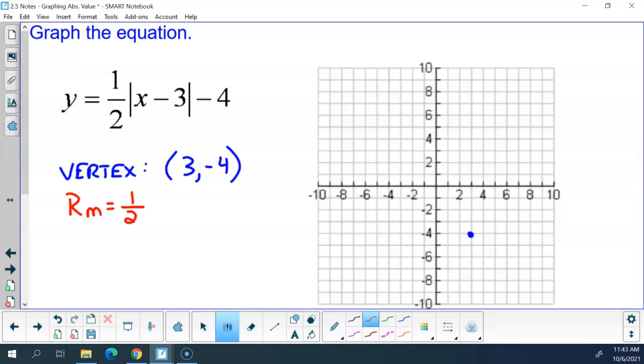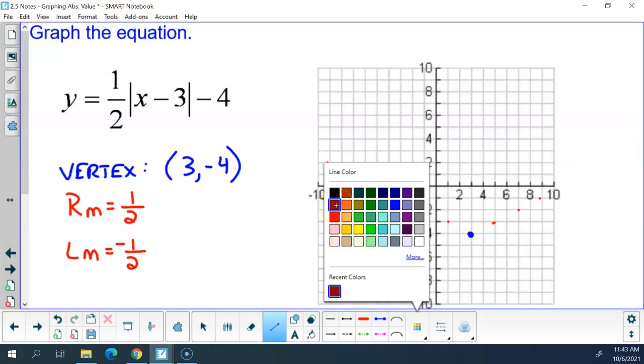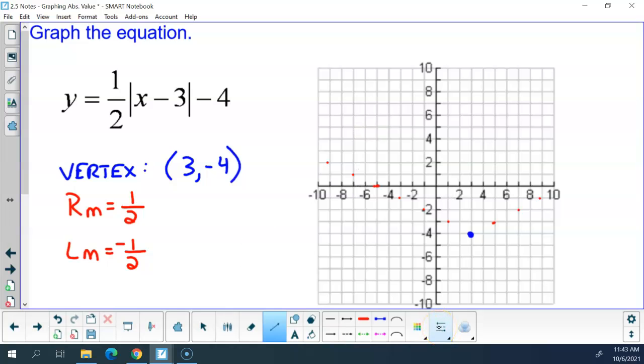Right. Left side slope, up, back 2, so up 1, left 2. Looks like that. Yeah. Love it.